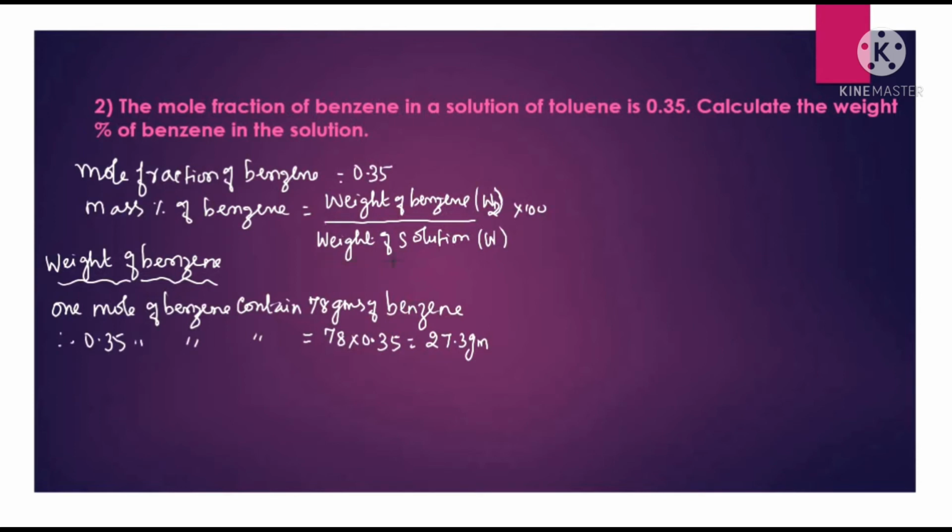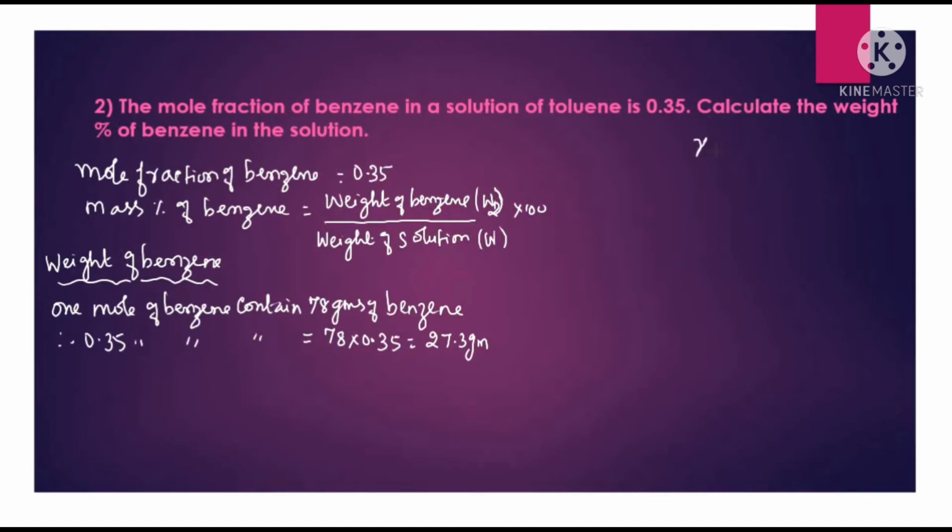Next we want to calculate the weight of the solution. See, we know only the weight of the solute. We do not know the weight of the solvent, that is toluene. So that should be calculated in the same procedure. By following the same procedure, we are going to calculate the weight of the toluene also. Only then it is possible to calculate the weight of the solution. We should know the weight of the solute and solvent.